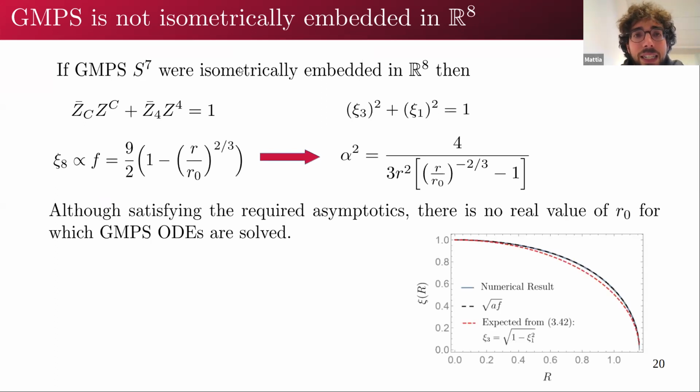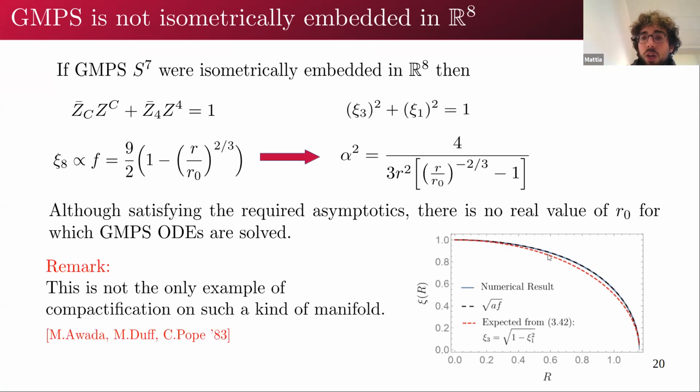Basically, with these nice analytic results that we derived, we are able to prove by a sort of reductio ad absurdum that this squashed and stretched 7-sphere is not trigonometrically embeddable in R8. And this is not the only case of compactification on this kind of manifold, because there's a non-supersymmetric one, the famous squashed 7-sphere by Awada, Duff, and Pope of D=11.